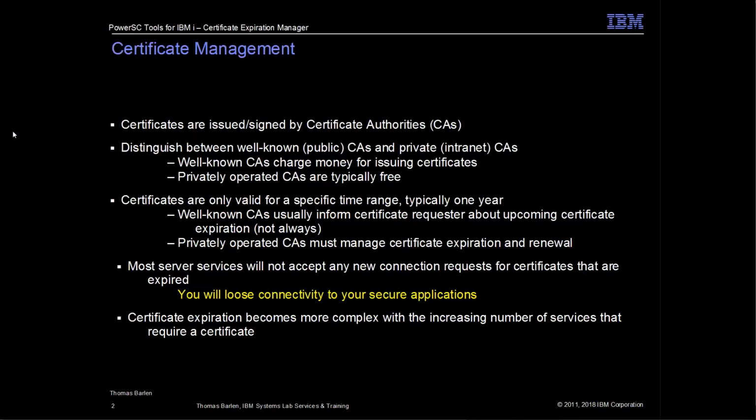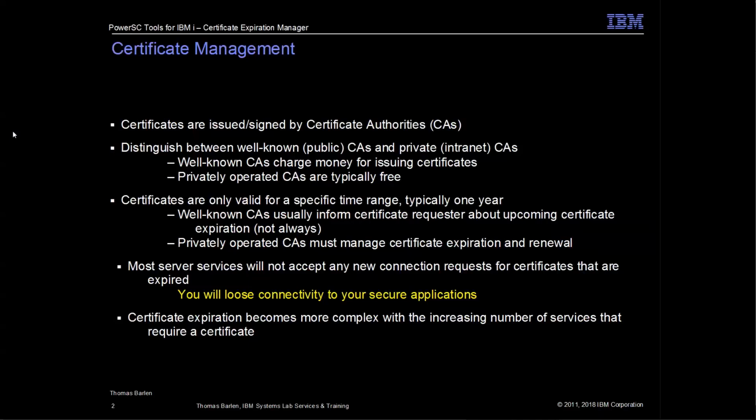That leaves you enough time to kick off the renewal process. There's not really a way of telling, oh, this certificate is expiring soon, I have to perform a renewal request. I have to get a new signed certificate from my CA and assign it to the secure application so that I can provide my services without any disruption.